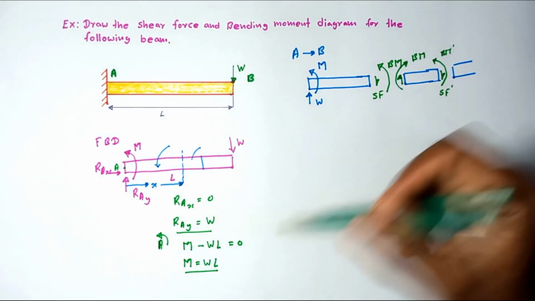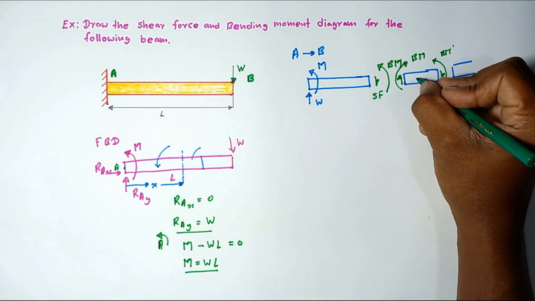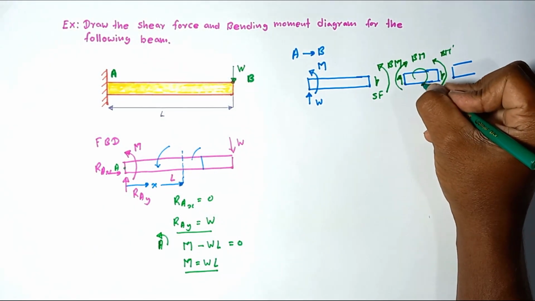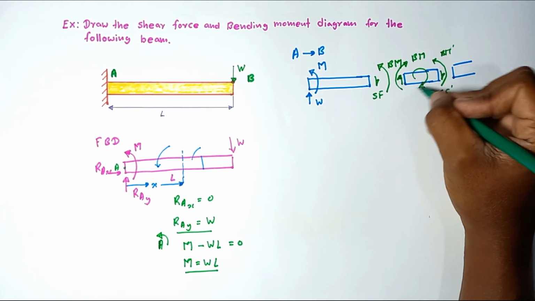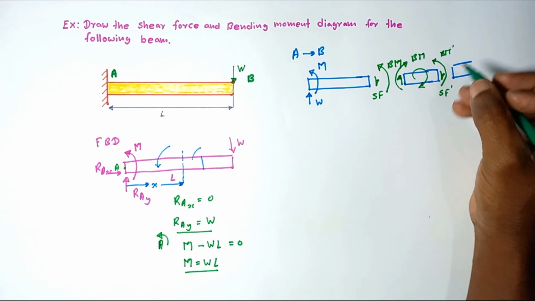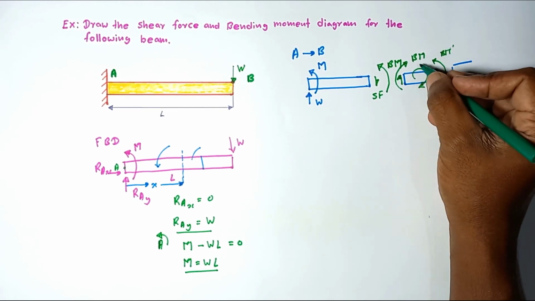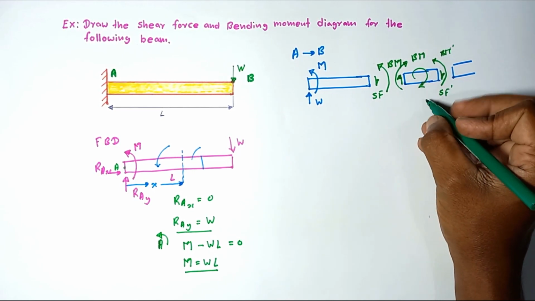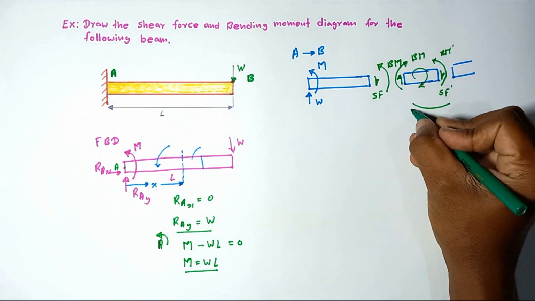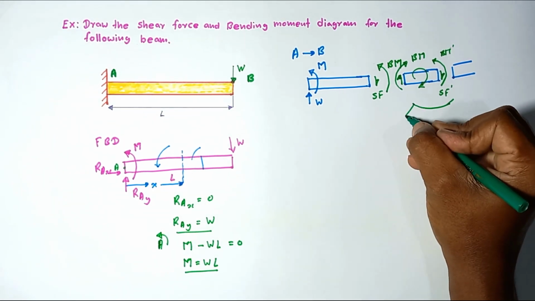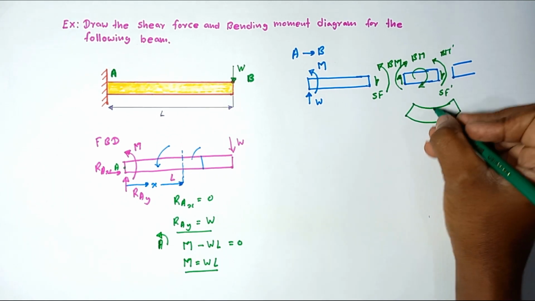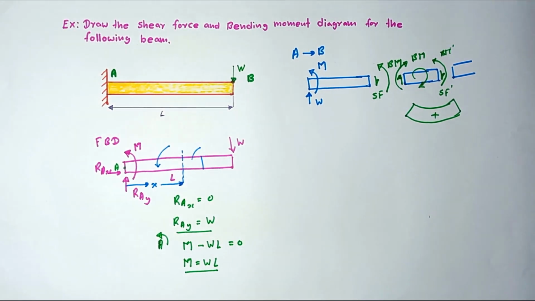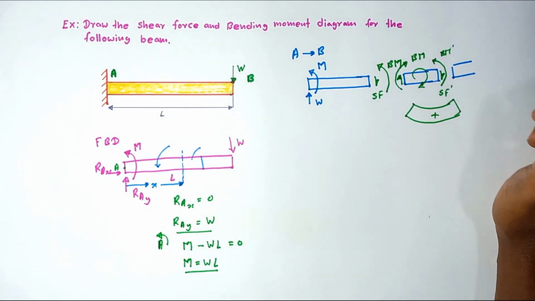Due to the shear force, this intermediate beam segment tends to rotate in the clockwise direction. That is how we are marking positive shear force. And due to this bending moment, it is subjected to sagging bending moment, forming this kind of curvature. So this is the positive bending moment and positive shear force.